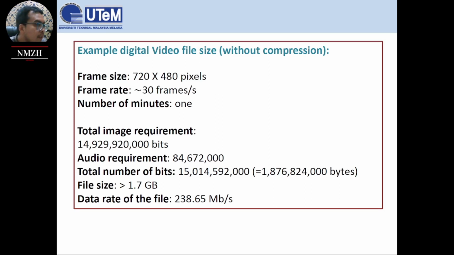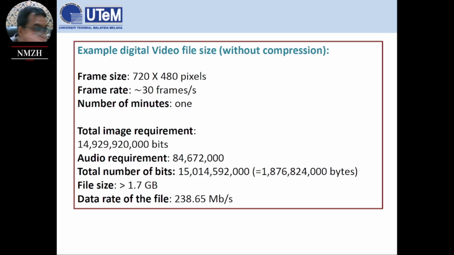So I think that would be the same for the video itself. So the video is 720 times 480, times that times 30 times 60 over here. So we have 14,929,922,000 bits, right?